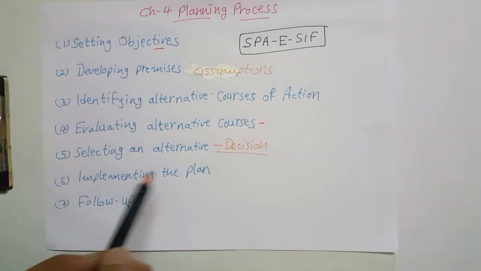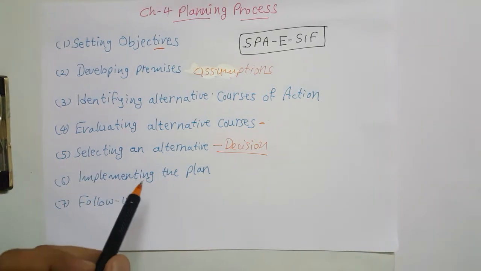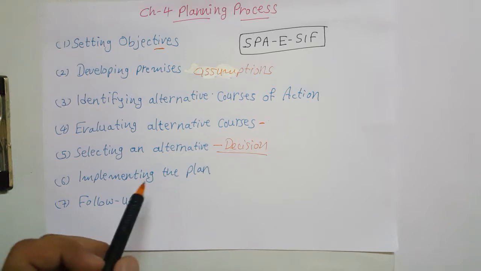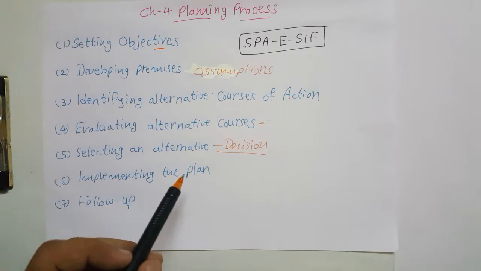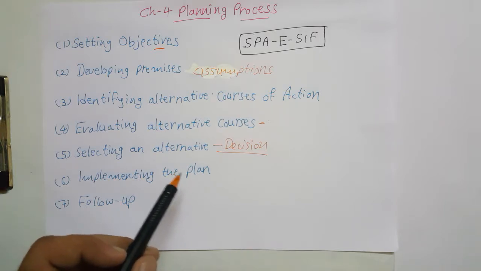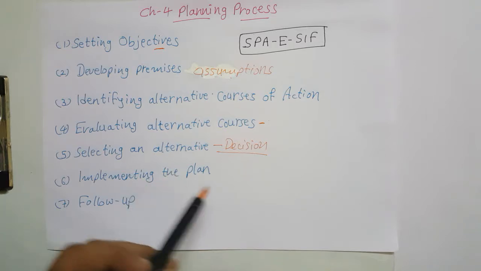Next, after selecting an alternative, the next step is implementing the plan. When we talk about implementing the plan, it means we are putting the plan into action by taking the necessary steps.